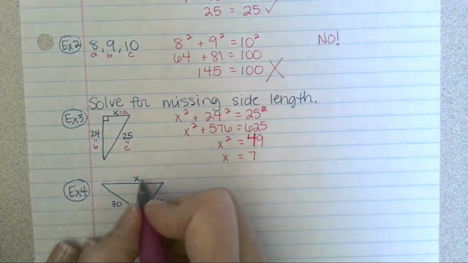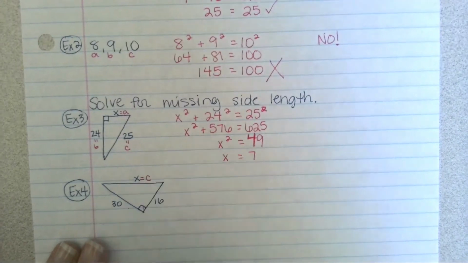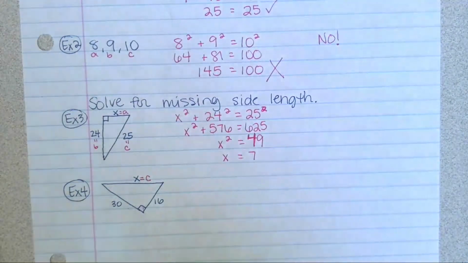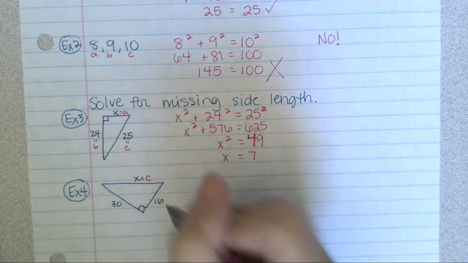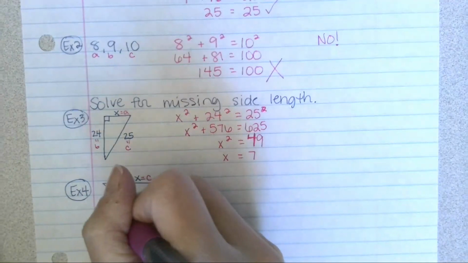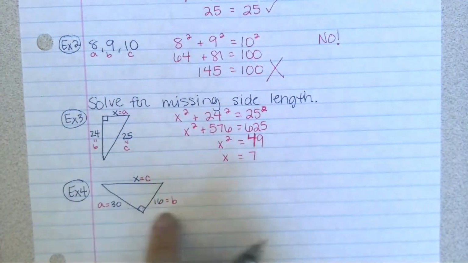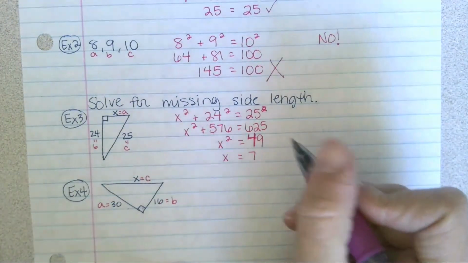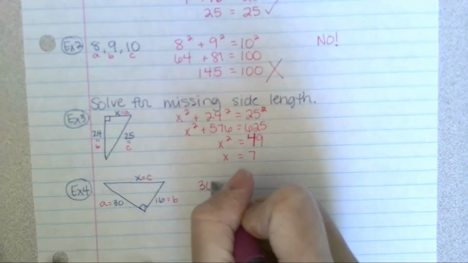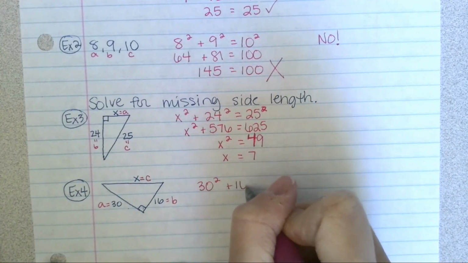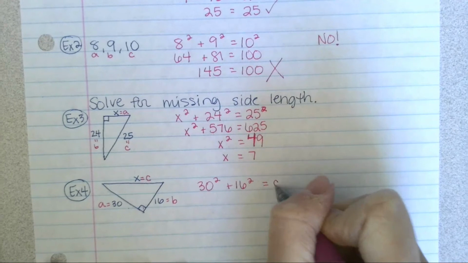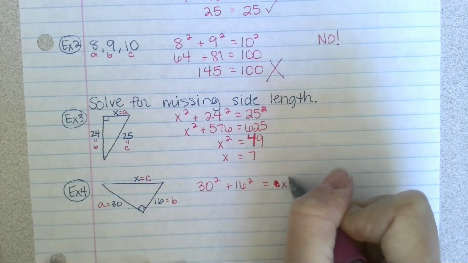So that makes my hypotenuse x. So x is C. And then again, it doesn't matter which order you do it. This time, I'm going to make 30 A and 16 B because that's the order that I read them left to right. Really doesn't matter. So when we plug those in, 30 squared plus 16 squared equals C squared, which is x squared.